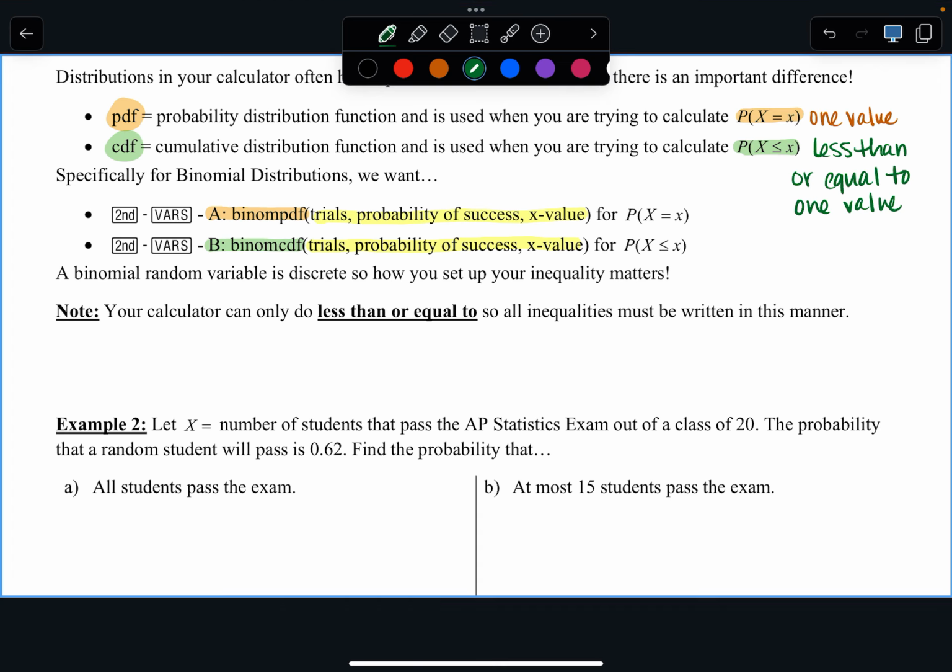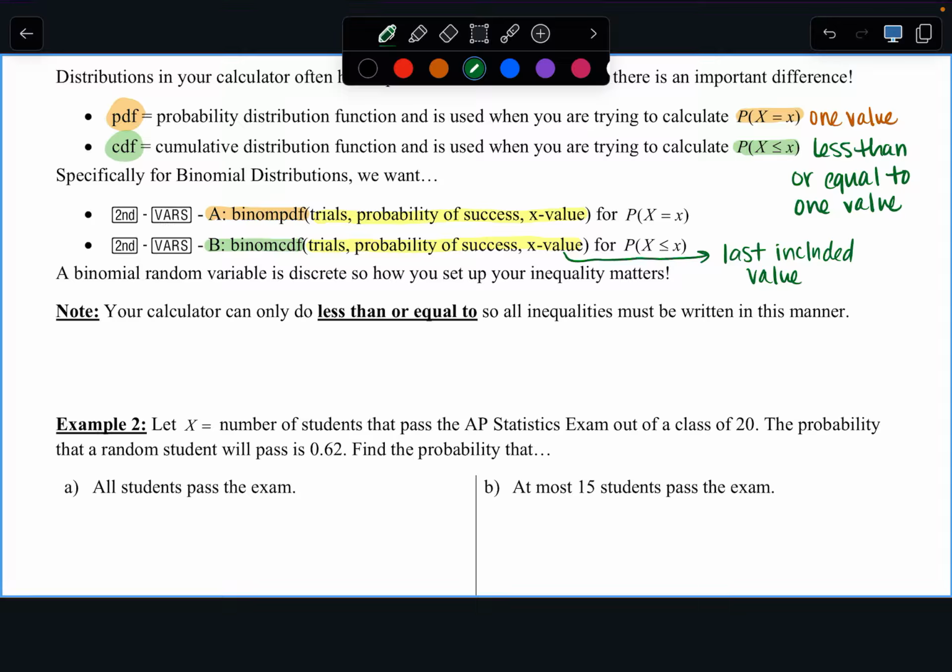The one specific thing that I'll mention about CDF is that the X value is your last included value. Whatever is the last thing you want the calculator to include, that is what you're putting into CDF.